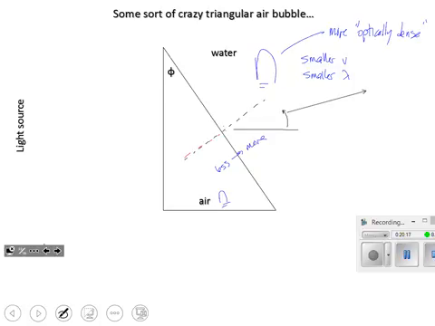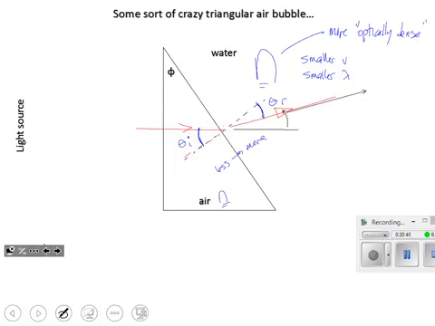So what you might have is something like, here's an incident ray, here's a refracted ray. Here's an incident angle, which you could call theta air if you want. Here's a refracted angle, which you could call theta water if you want.